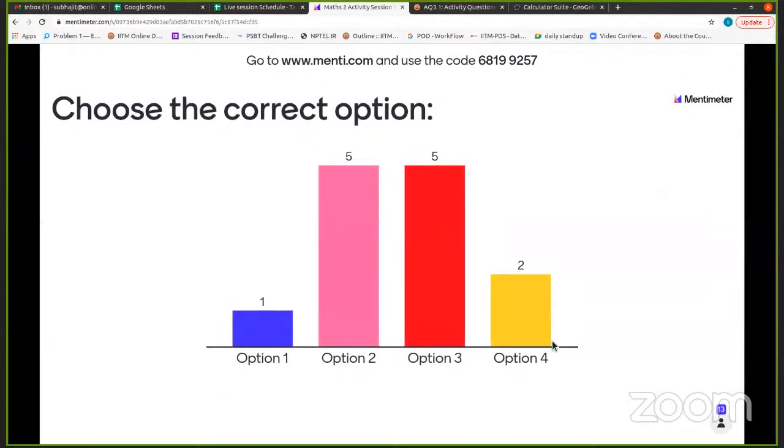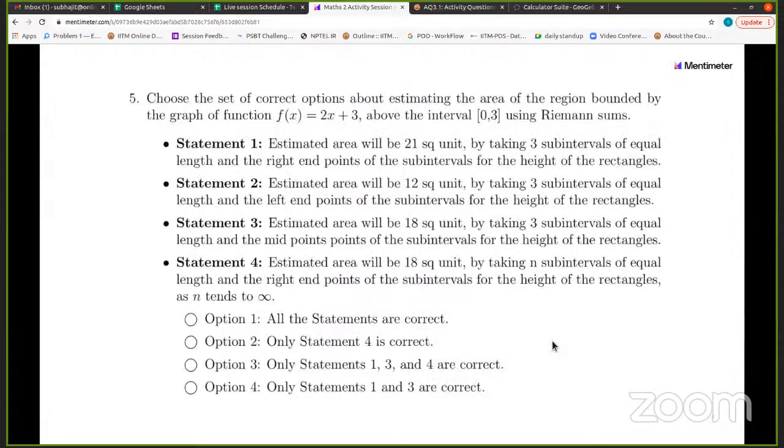I am seeing there is a huge variety. Option 2 and 3 got almost the same votes. Option 2 was only statement 4 is correct, and 3 is only statements 1, 3 and 4 are correct. Someone can explain it, right?